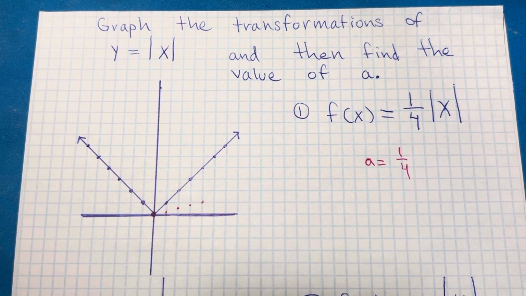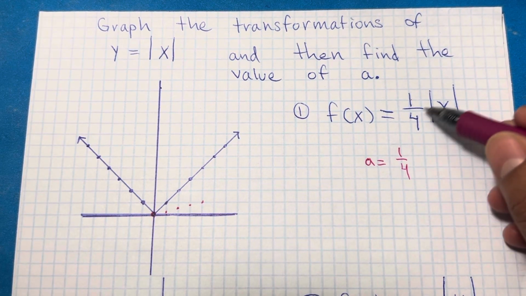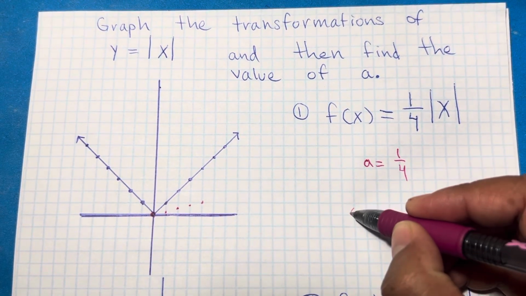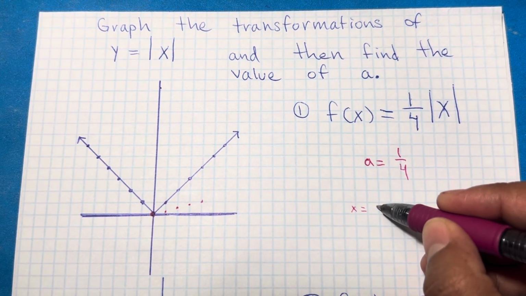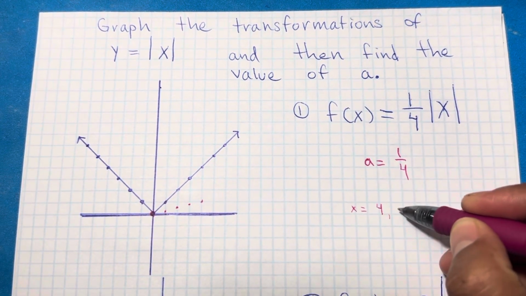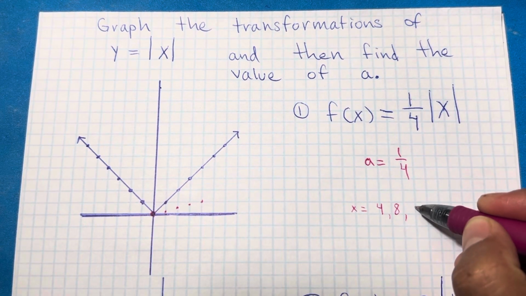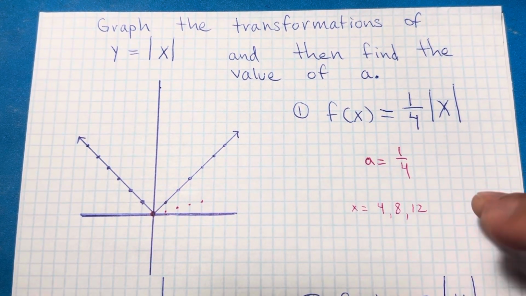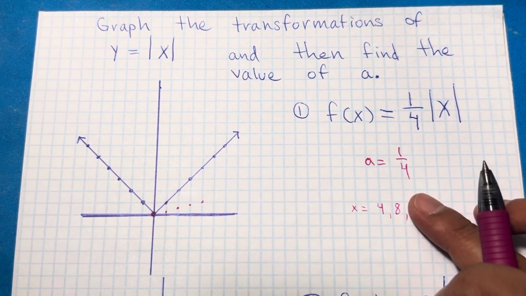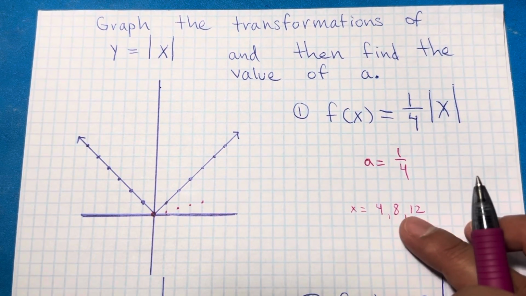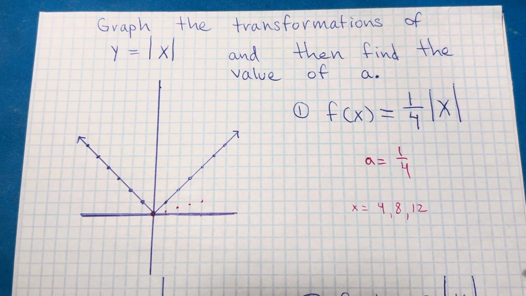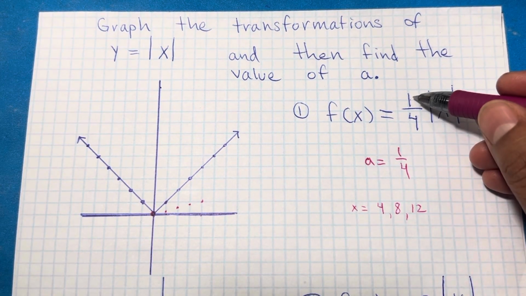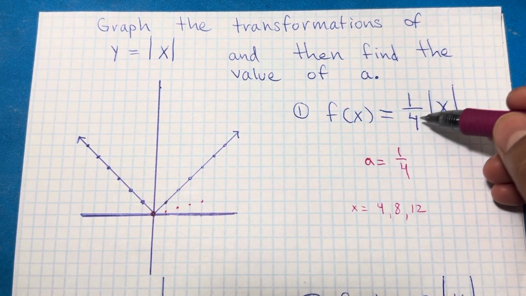The way you can do it also is when you have a fraction, just find values for x that are multiples of that denominator. For example, 4, 8, and 12. Even though 12 is too big, we don't need that. We're going to find 2 points on the right side and 2 points on the left, which will help you create the graph. 4 times 1 is 4, divided by 4 is 1.